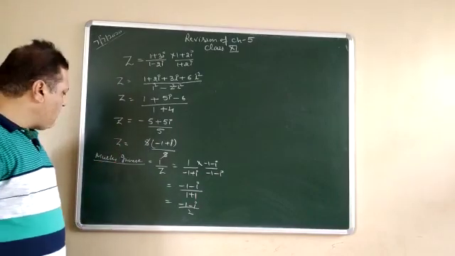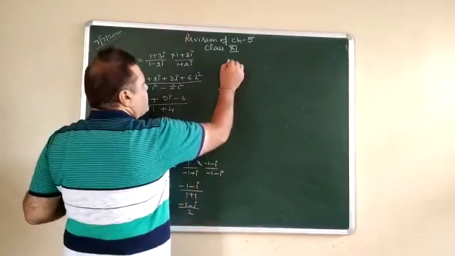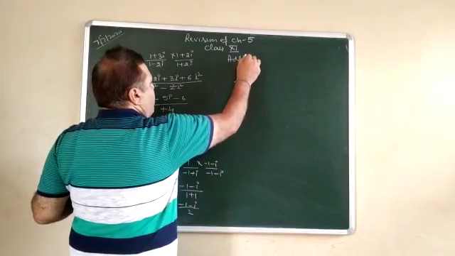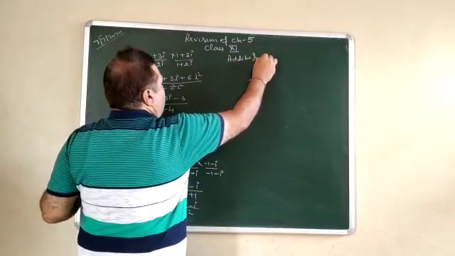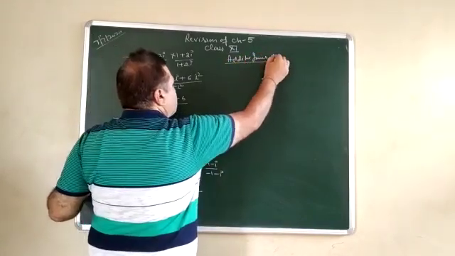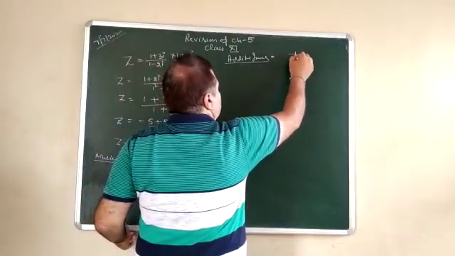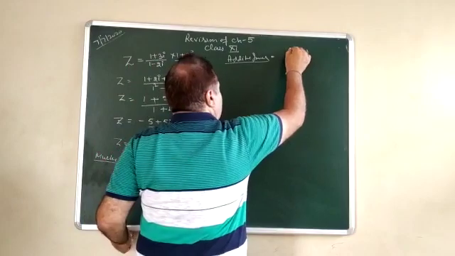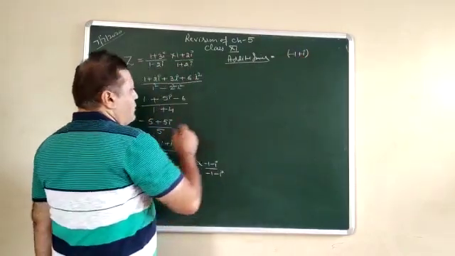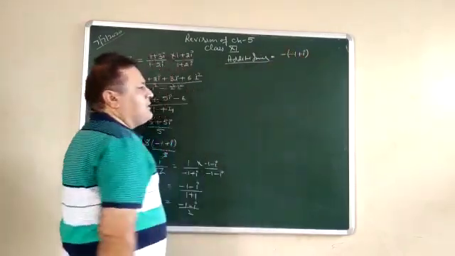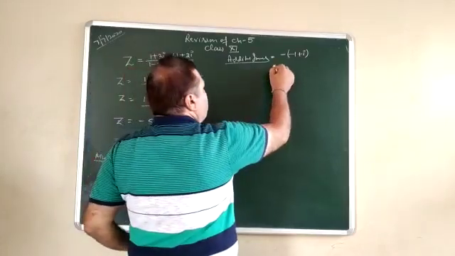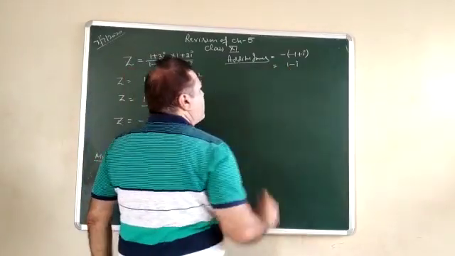If he asks about the additive inverse: in case of additive inverse, whatever the complex number you have, -1 + i, keep it in a bracket and put a symbol of minus, then you will get the additive inverse, 1 - i.